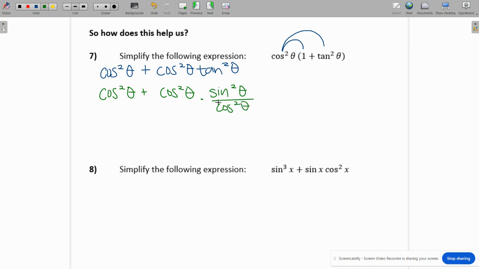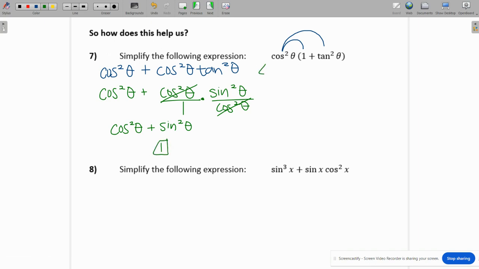Order of operations says we have to do this multiplication before we do this addition. And if I multiply cosine squared times sine squared over cosine squared, the cosine squared factor of the numerator and the denominator will simplify to 1, which means we will have cosine squared of theta plus sine squared of theta. And we know by the Pythagorean identity that this is equal to 1.